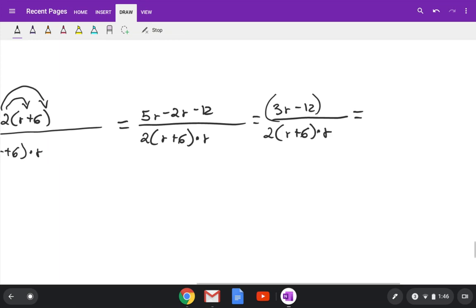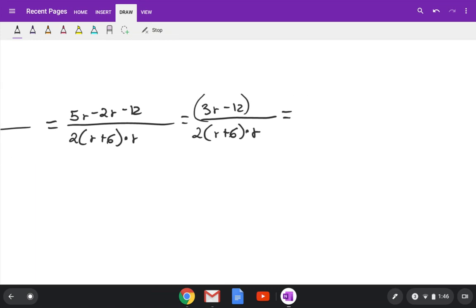And don't stop yet. Your numerator here, you can factor 3 out. So when you factor 3, we end up with r minus... No, don't factor 3. Sorry, it's a long video. So we want to cancel that r plus 6.